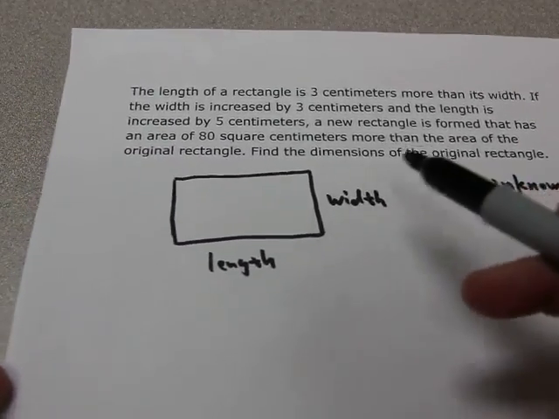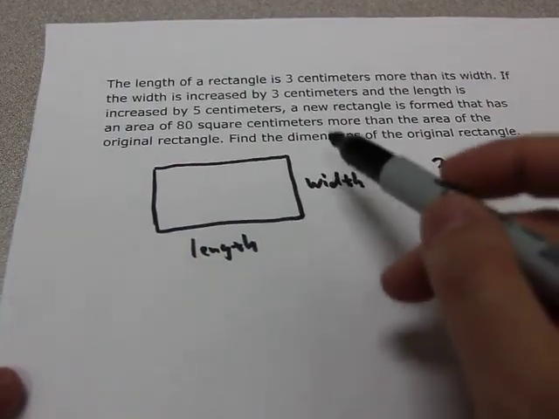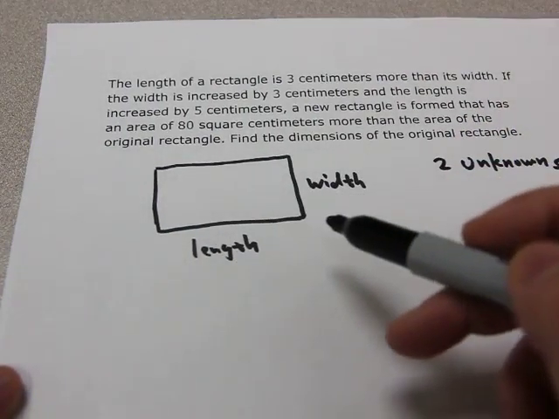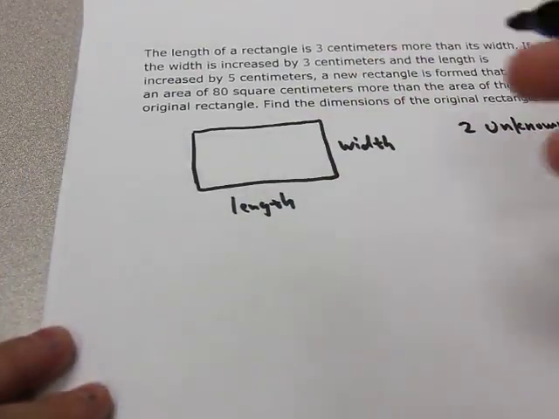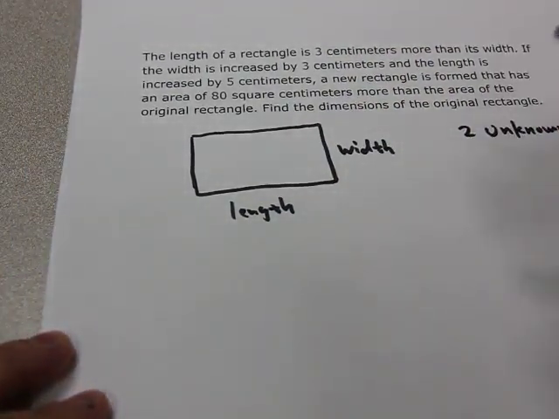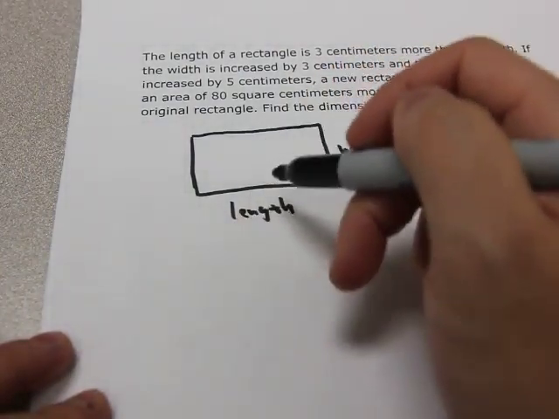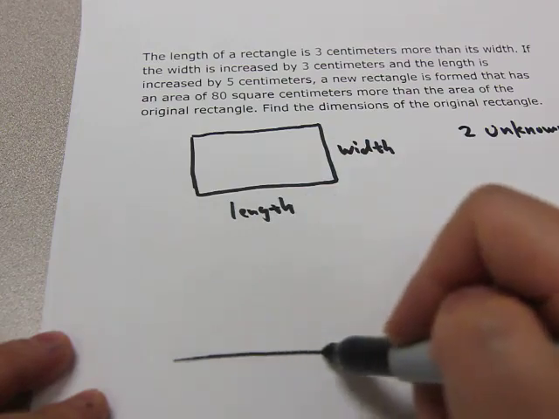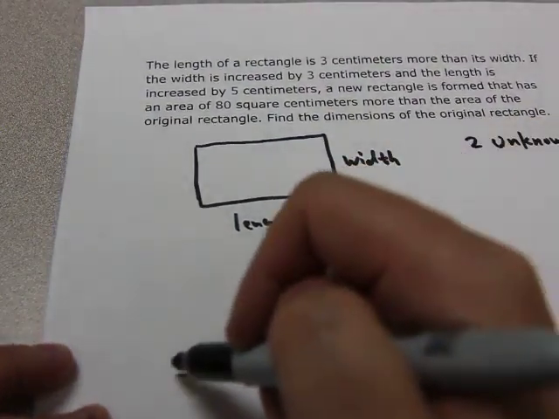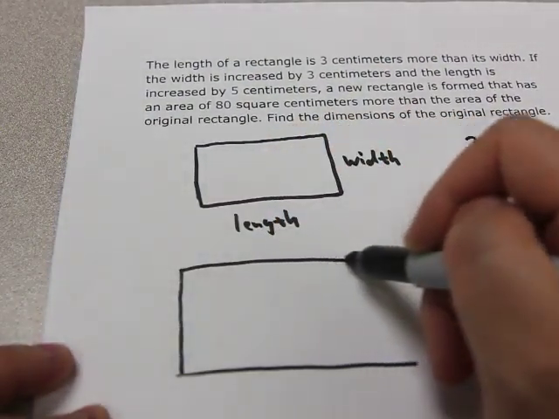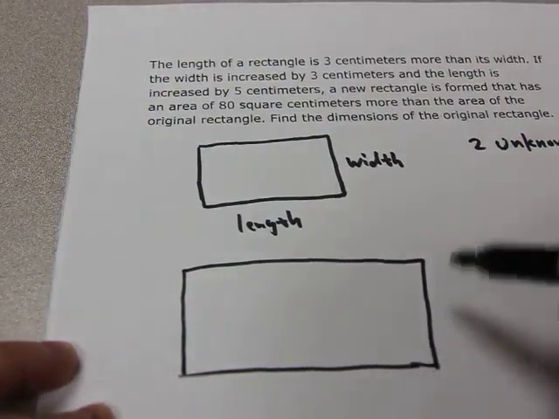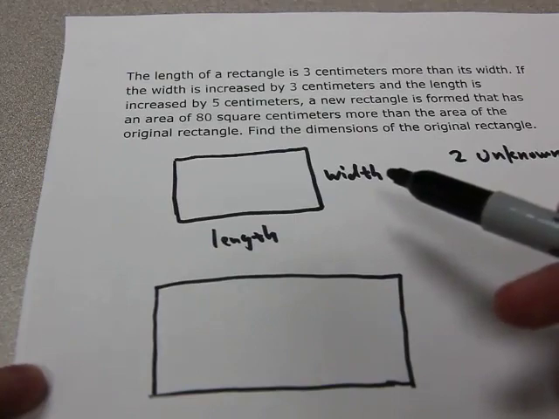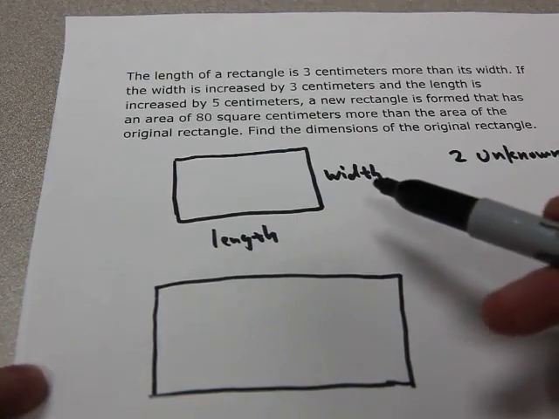Okay, and then it says the width and the length are increased. So therefore, we generate another rectangle which is bigger than the original one. So the length is increased and the width is also increased. And we know how much the width and the length are increased. Okay.